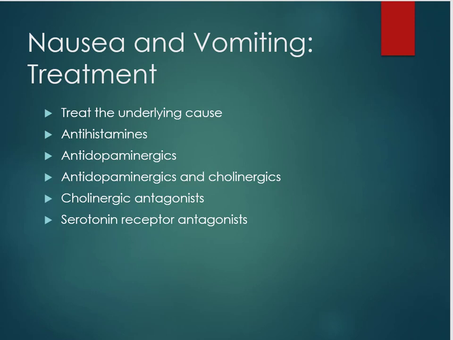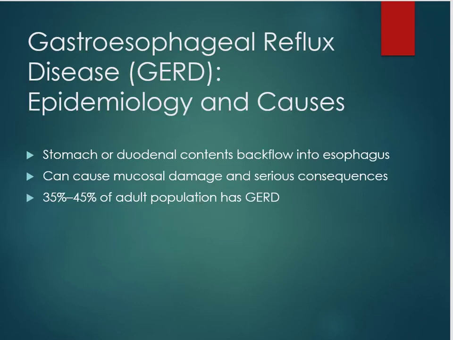So some other common problems include GERD, gastroesophageal reflux disease. And we know this is when stomach or duodenal contents backflow into the esophagus. This can also cause mucosal damage and serious consequences. And approximately 35 to 45 percent of the adult patient population has GERD.